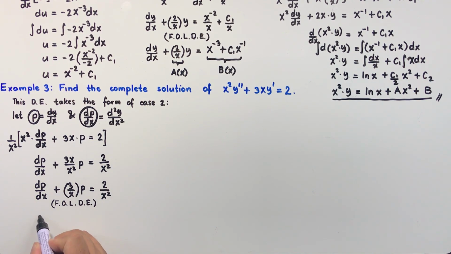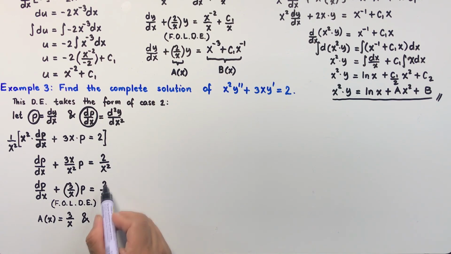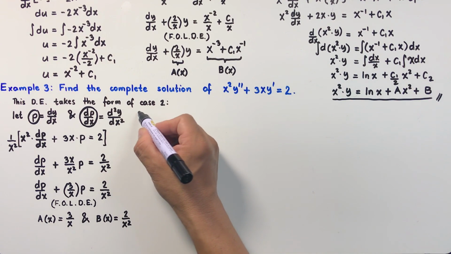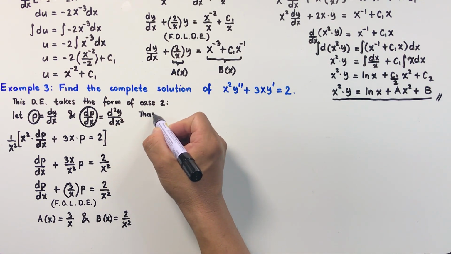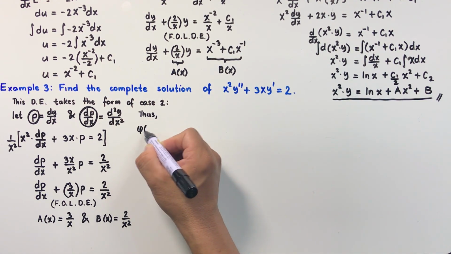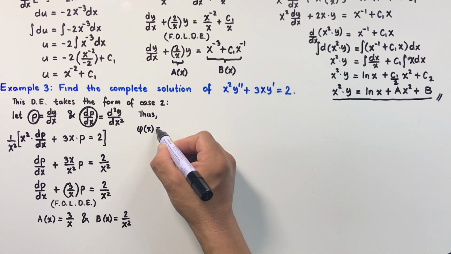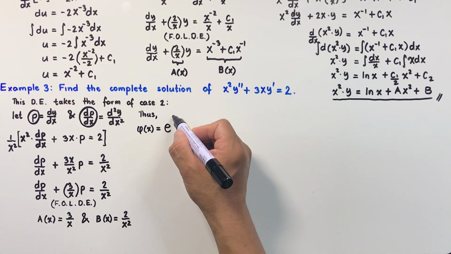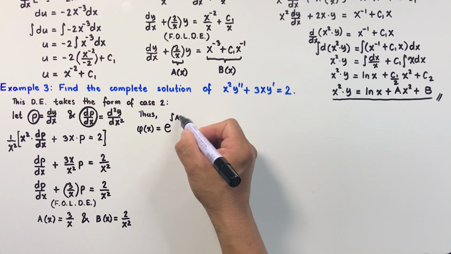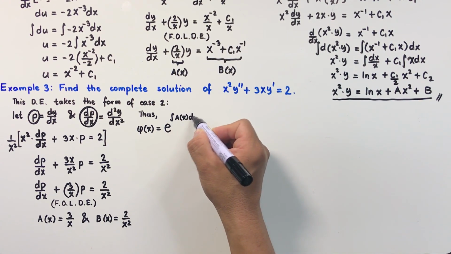So our a of x here is this 3 over x, and our b of x is equal to 2 over x squared. Thus, we can find our integrating factor phi of x, which is equal to e raised to the integral of a of x dx.